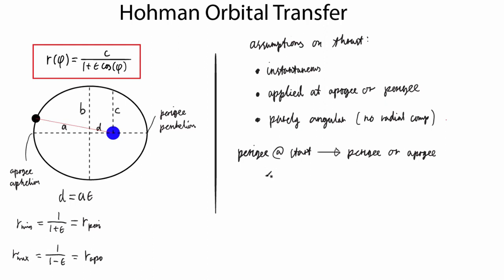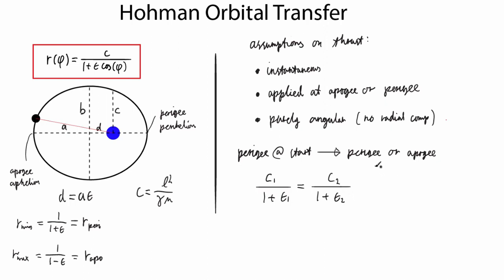So we have that before the thrust is applied, we have some C1. And again, I'll remind you that C equals L squared over gamma mu. So we have C1 divided by 1 plus the initial eccentricity. And that's going to be equal to now C2 divided by 1 plus the final eccentricity, epsilon 2.